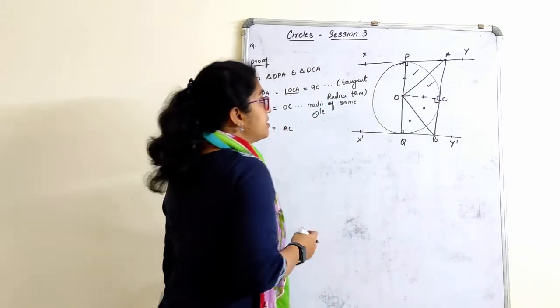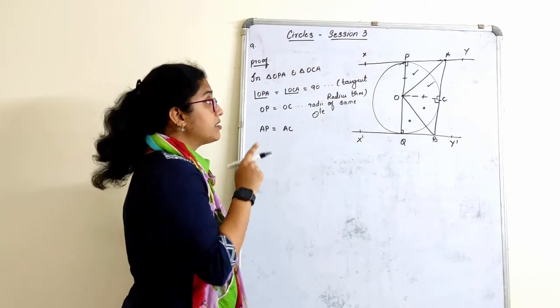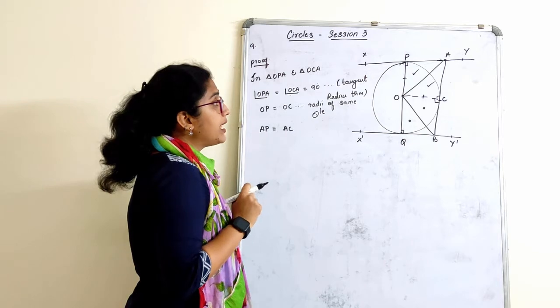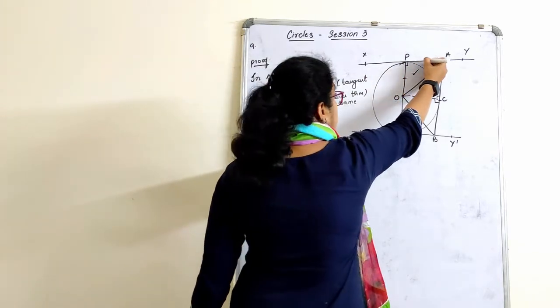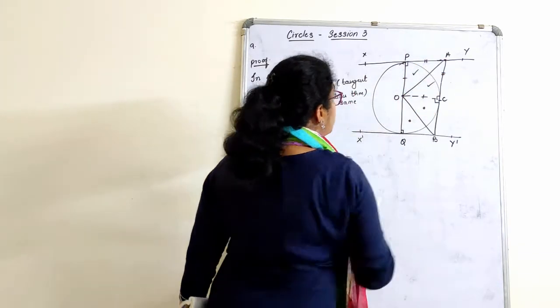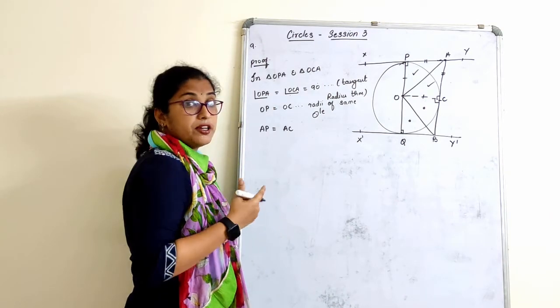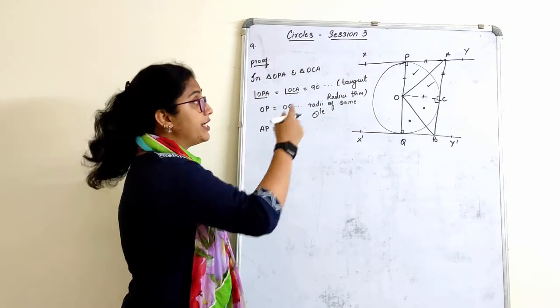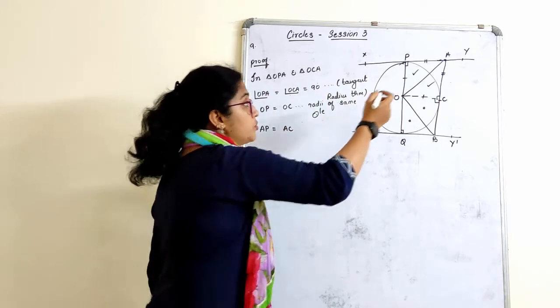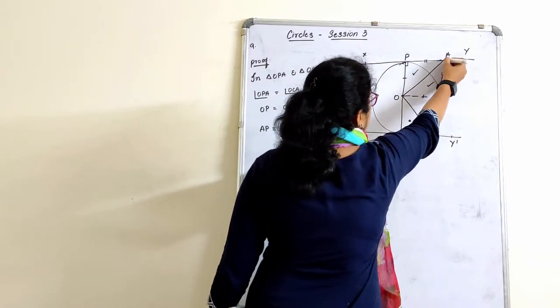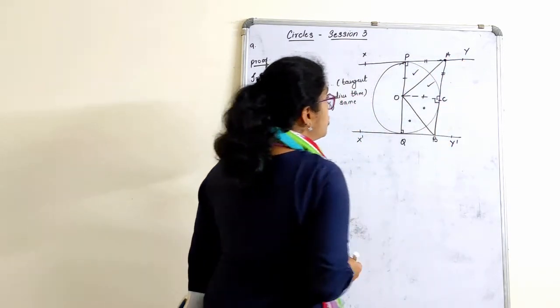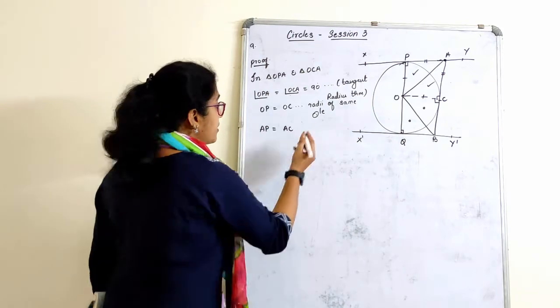This side is equal to this side, that's because radii of the same circle. AP is equal to AC. Why? That's only because they are tangents from the external point. Length of the tangent drawn to a circle. So this is an external point A. This is the tangent. This is the tangent. That means they have to be equal.